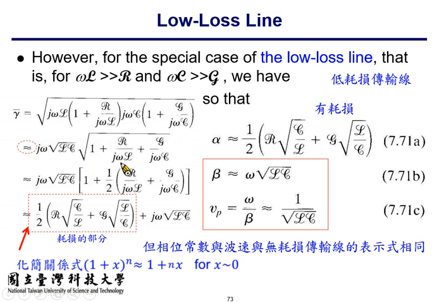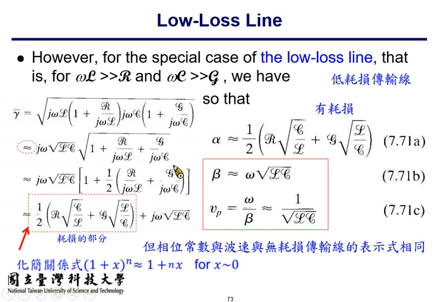And next, we will use another approximation so that we can drop the square root operator over here. We use the fact that if you have a number expressed as 1 plus x to the nth order, then if x is much smaller than 1, very close to 0, then this can be approximated as 1 plus n times x.